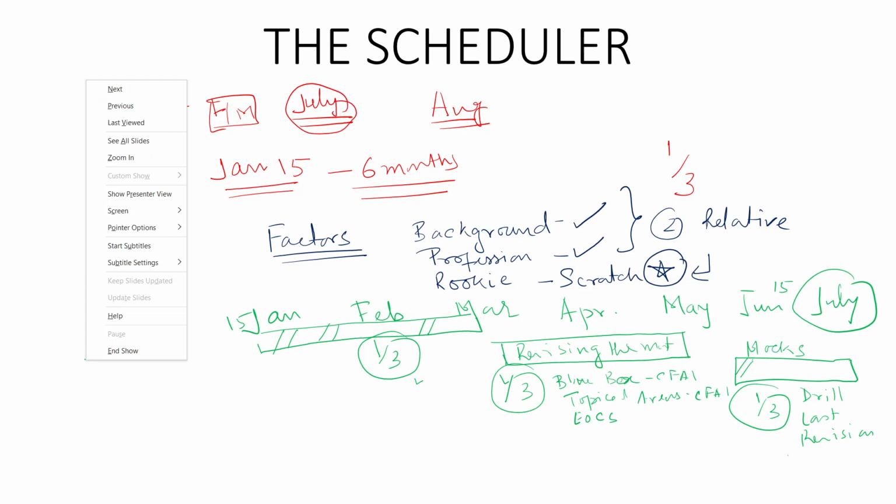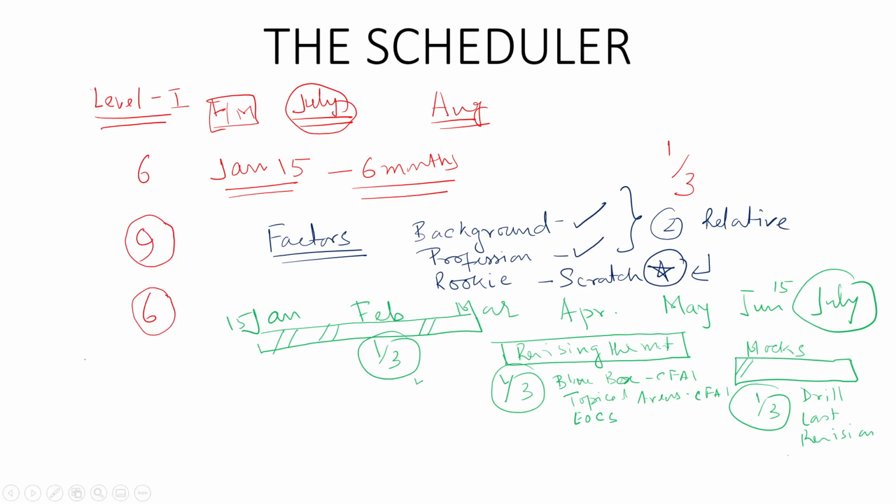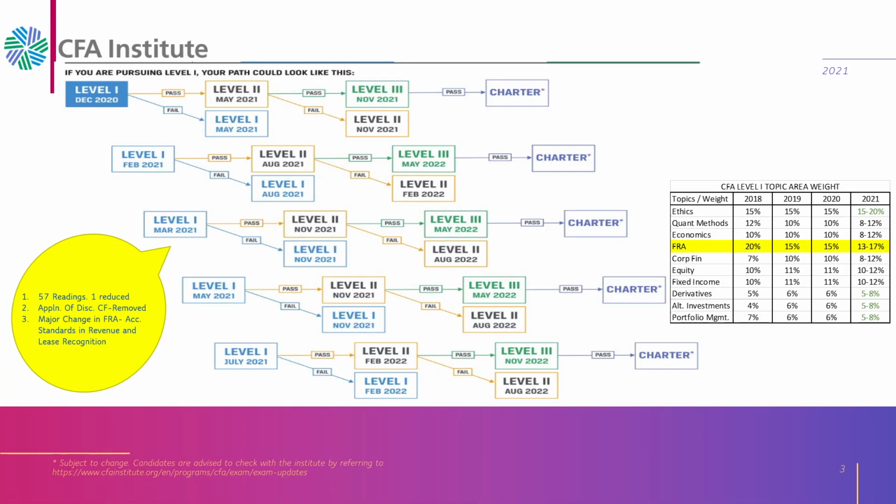Before that, I would like to go back to the previous slide once again, just to give you an idea. So here you can see the topic areas and the weights that have been given. As before, we understand that the key areas are very important, which are basically FRA, the ethics area, and the equity area.